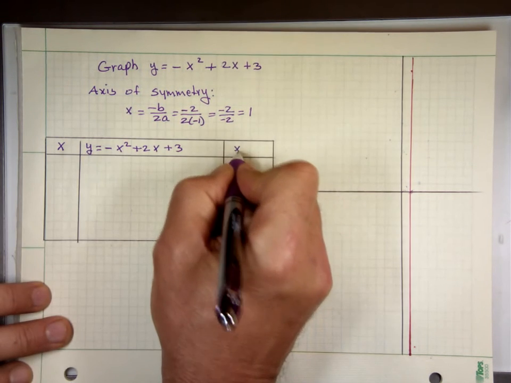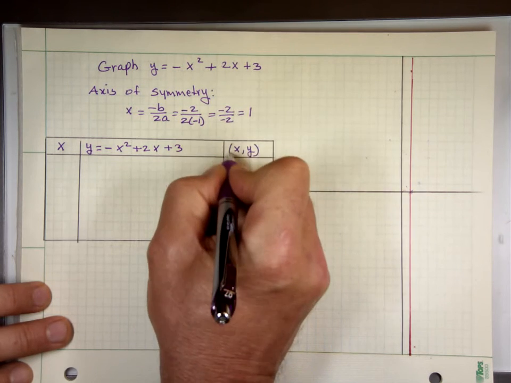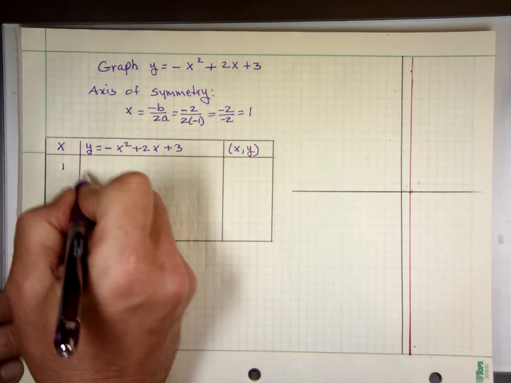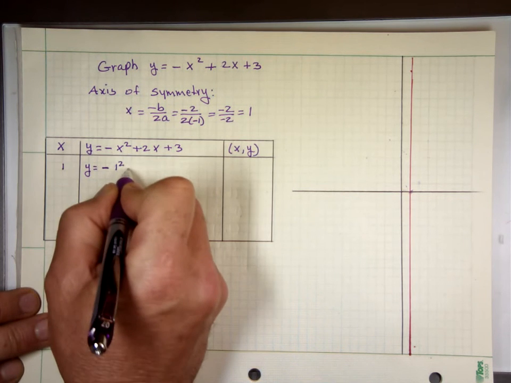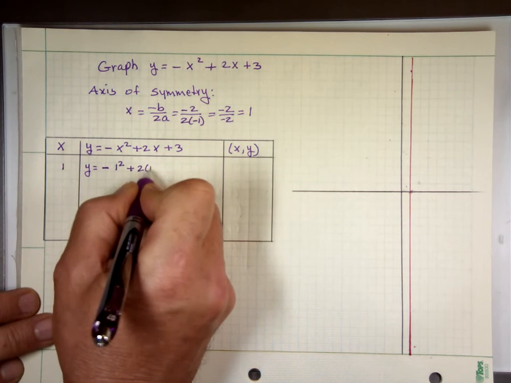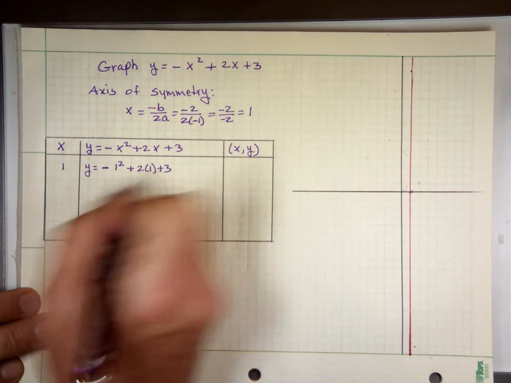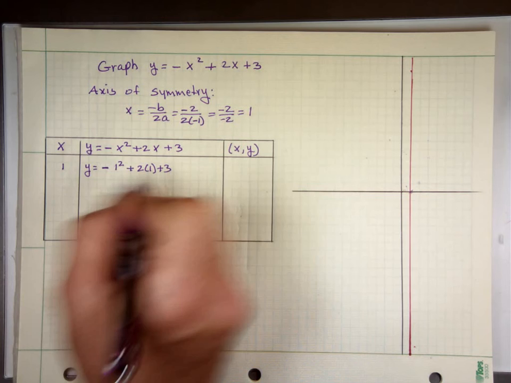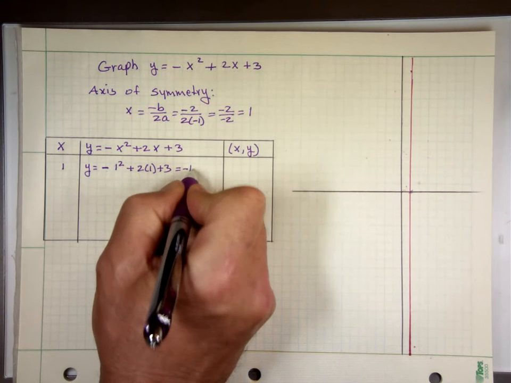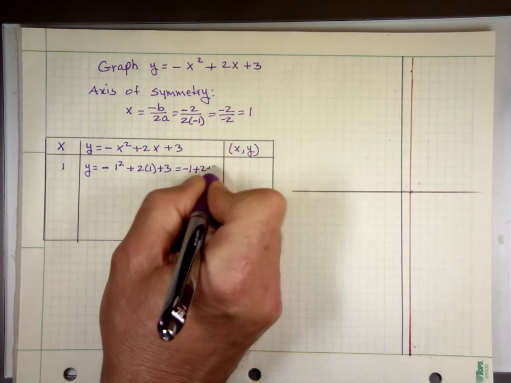So since the first value is 1, it's minus 1 squared plus 2 times 1 plus 3. Notice here the minus is not being squared, only the 1. So 1 squared is 1 with the minus. That's a minus 1 plus 2 plus 3. That's a 4.